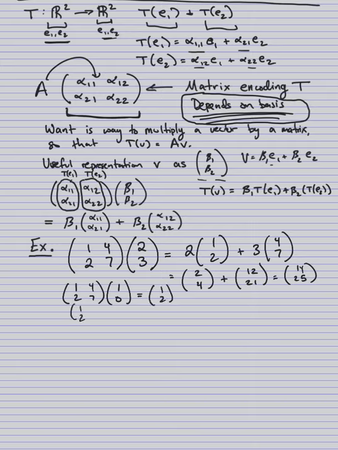Similarly, if I take 1, 2, 4, 7 times 0, 1, I get 4, 7. Okay? So it sends this E1, this E2, and the formula is correct in the sense that it produces those images.